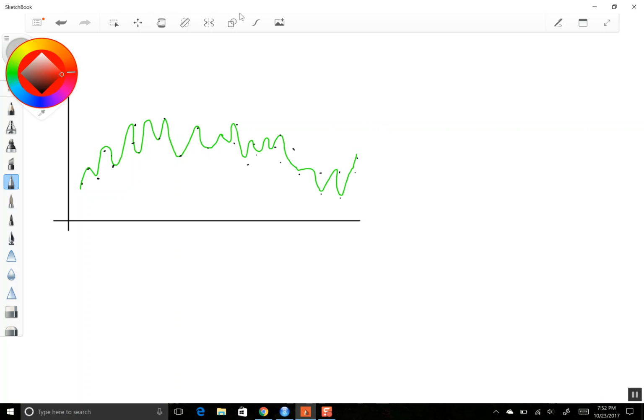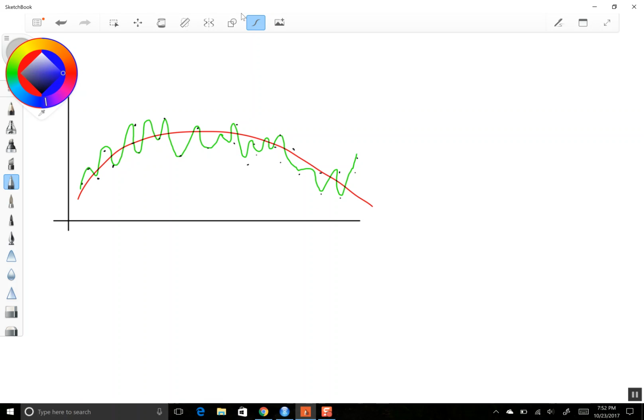On the other hand, if you have lambda cranked up really high, then it has to be super smooth, and you're going to get something like a quadratic looking thing. You probably want some kind of happy medium.